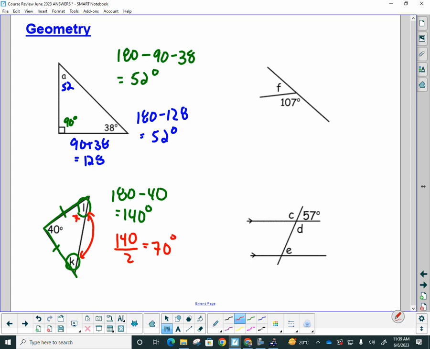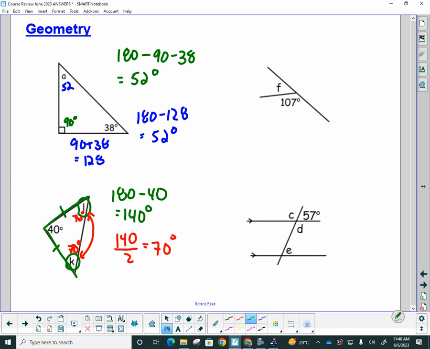So this one is 70 and this one is 70. And if we stop and think about it, 70 plus 70 is 140, plus 40 is 180, so it works. So that's using the two properties of triangles about knowing that they all add up to 180, the interior angles.